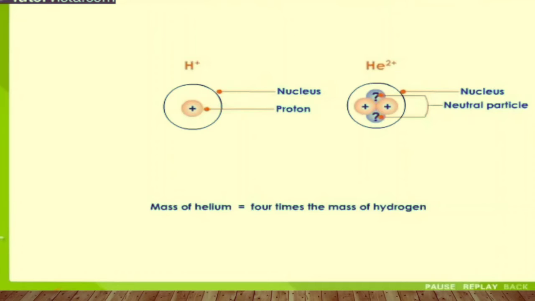So what is the reason? If we count only protons, then the mass of helium should be 2, because it contains 2 protons. So the mass of helium is 4 times the mass of hydrogen atom.